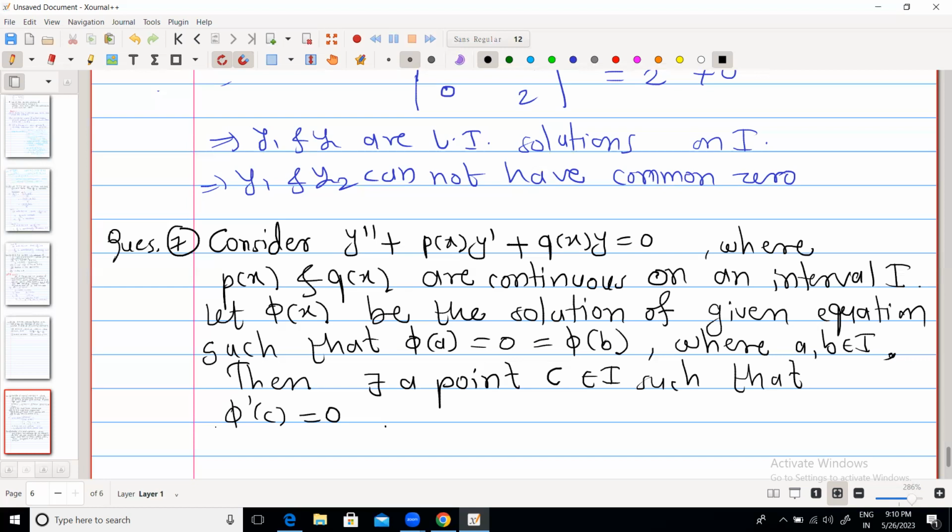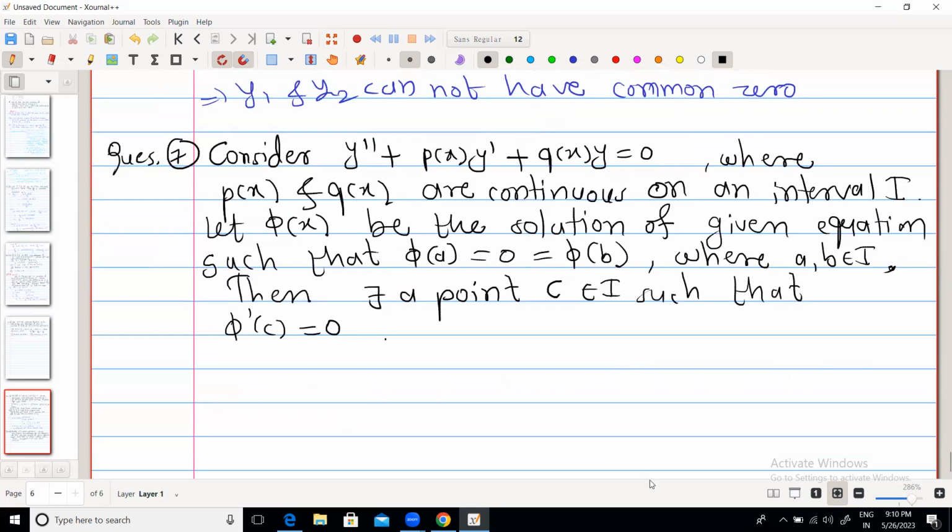Also we can say that, आता ह्याच्यावरून काय मिळतं मला की phi dash of e is 0 and phi dash of f is 0, then we will find out one point d such that phi double dash of d is 0, okay, by using Rolle's theorem. आणि हे पॉसिबल आहे कारण का phi हे माझं सेकंड ऑर्डर डिफरन्शियल इक्वेशनचं सोल्युशन आहे.